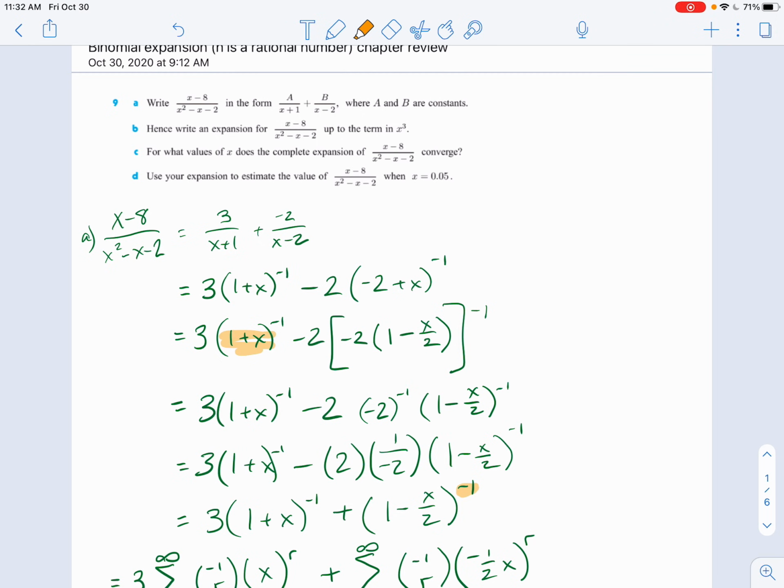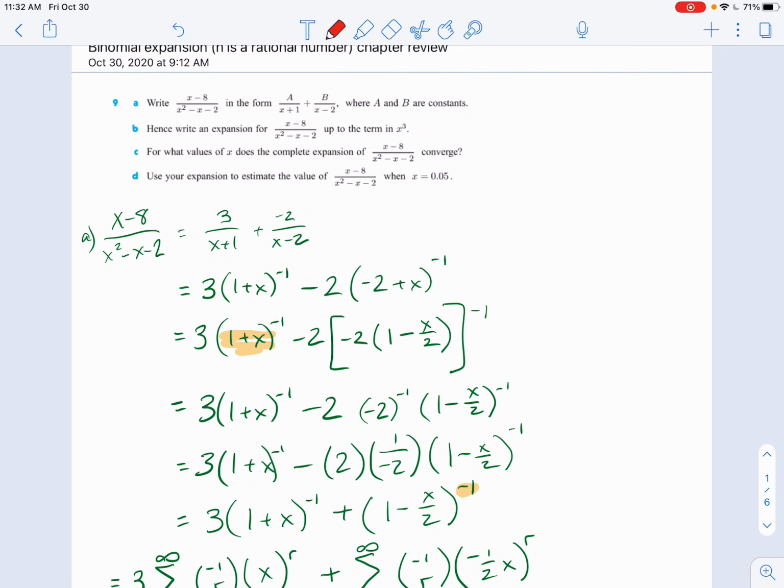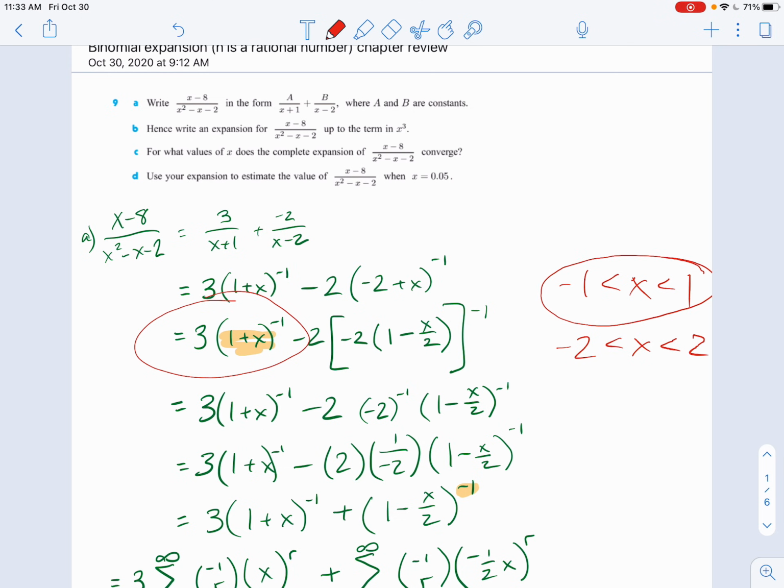Here's my thought on that, and I should think about this a little bit more. If this piece alone gives us an interval of convergence of negative 1 less than x less than 1, and the other piece gave us negative 2 to 2, then in order for both things to happen, you need the smaller of the two intervals. I think that's what's happening, but let me think about that a little bit more before I say it definitively.